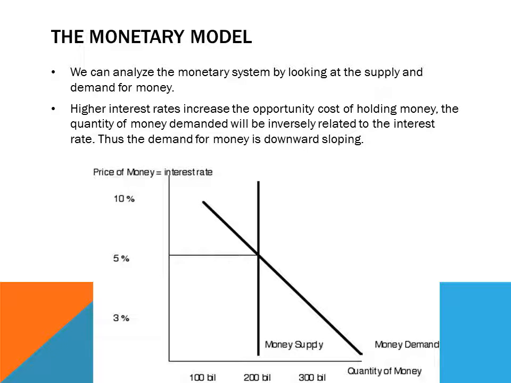In the graph below, we can see the function for money demand and money supply. Money supply's function is completely vertical, as it is influenced by the Federal Reserve System and does not depend on the price of money or the interest rate. The equilibrium between money supply and money demand will determine the interest rate and the quantity of money in the system.